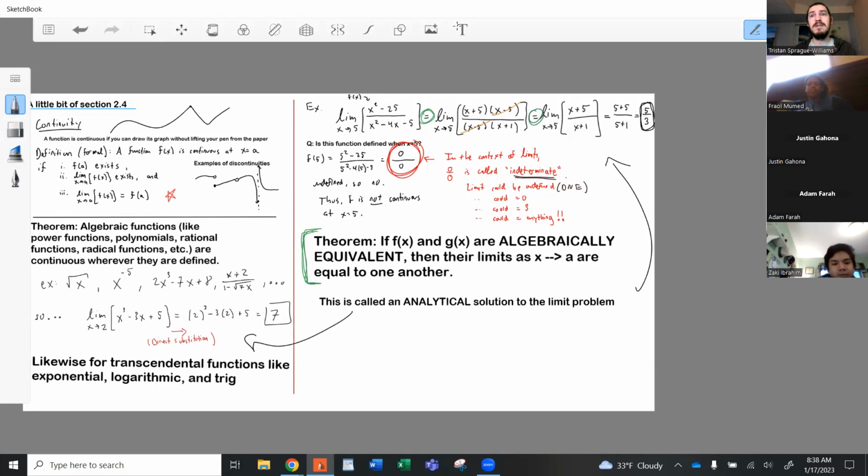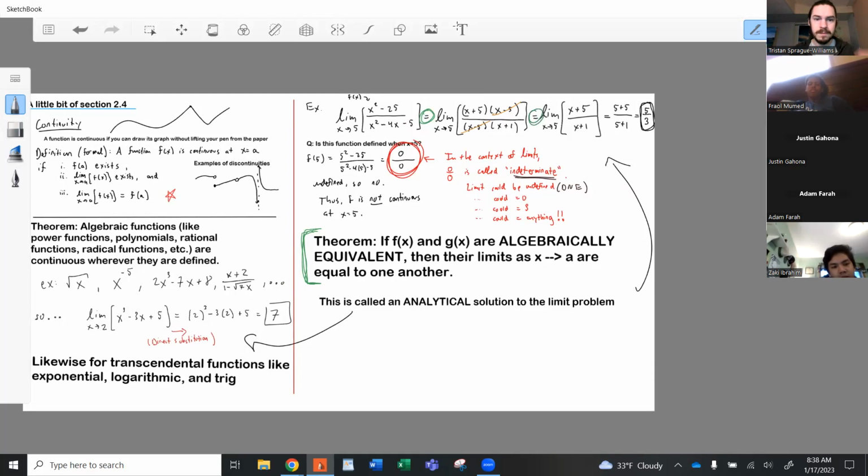Instead of just plugging in numbers and guessing, you're using logical approaches, like, if this, then that. That's what analytical means in the broader sense of mathematics.